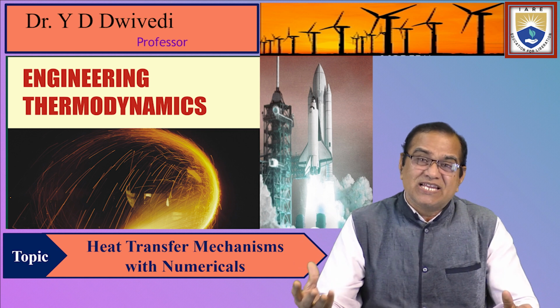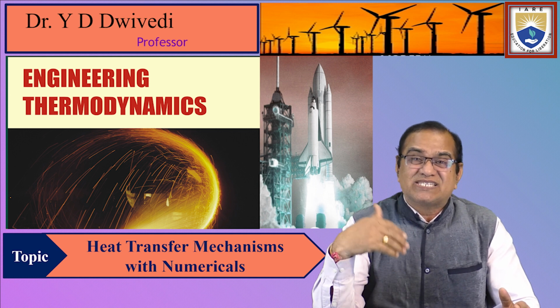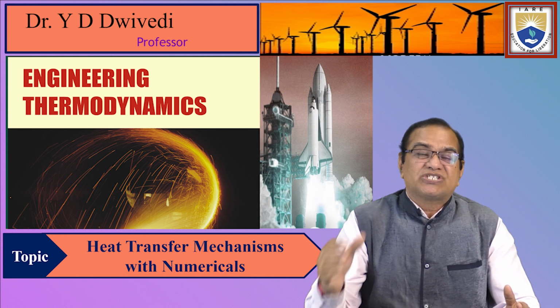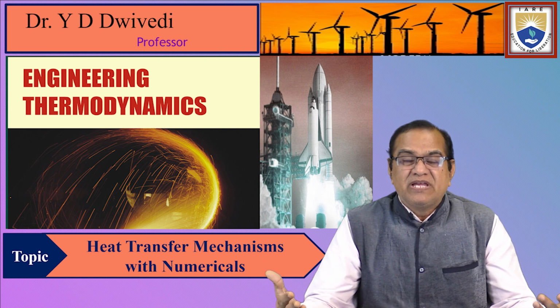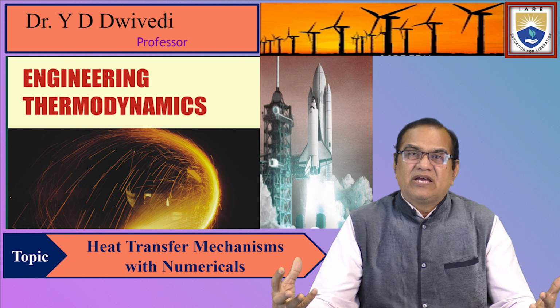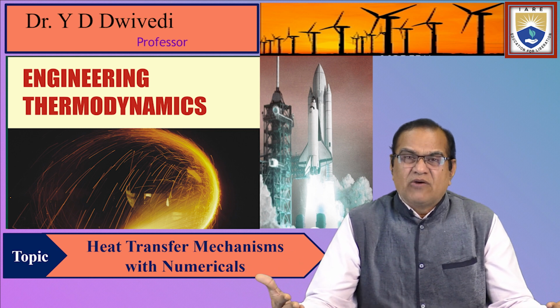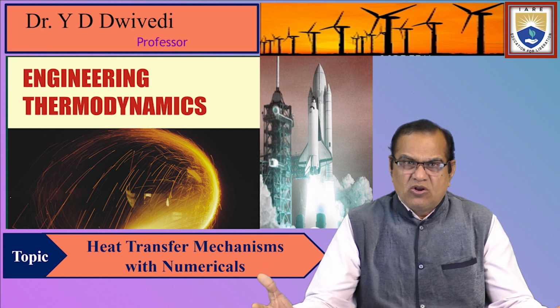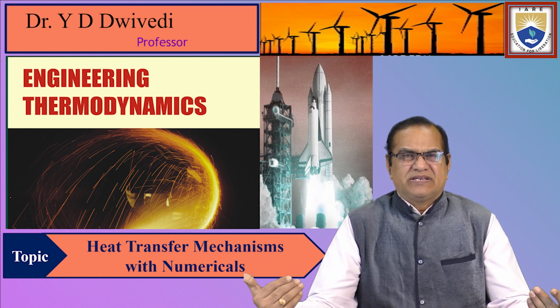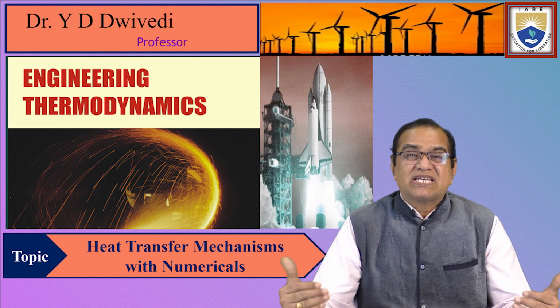Another important cycle is the power absorbing cycle. This cycle can be used for refrigeration and air conditioning, and also for heat pumps. These heat pumps are used for heating the environment or room or the building. In cold countries where the temperature is very low, Canada and Siberia, Russia and some other countries, we use these heat pumps.